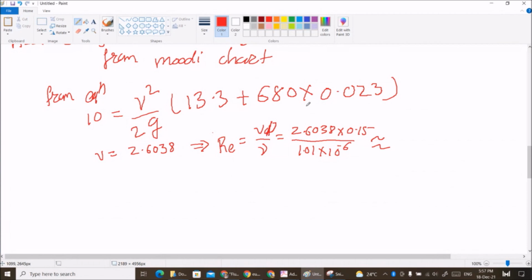The Reynolds number is 386702, around 3.8 into 10 to the power 5.